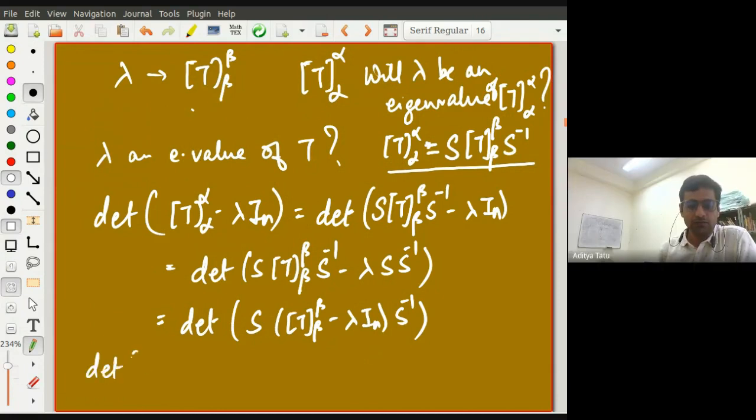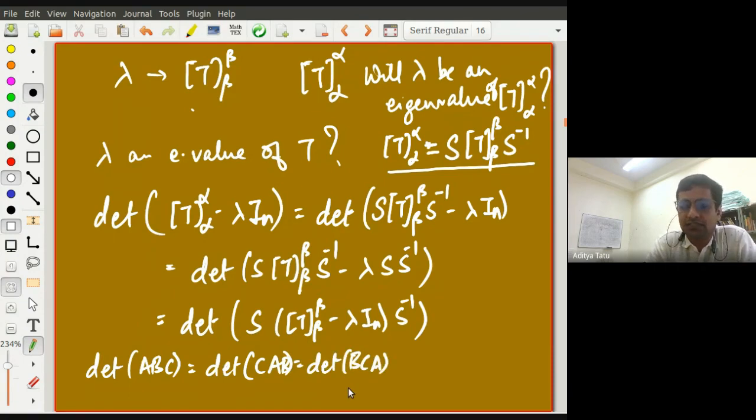Now there is a well-known property of determinants. If A, B, C are three matrices whose matrix multiplication is compatible, and for now let's assume they are all square matrices of size n, then determinant of ABC is also equal to determinant of CAB, which is also equal to determinant of BCA.